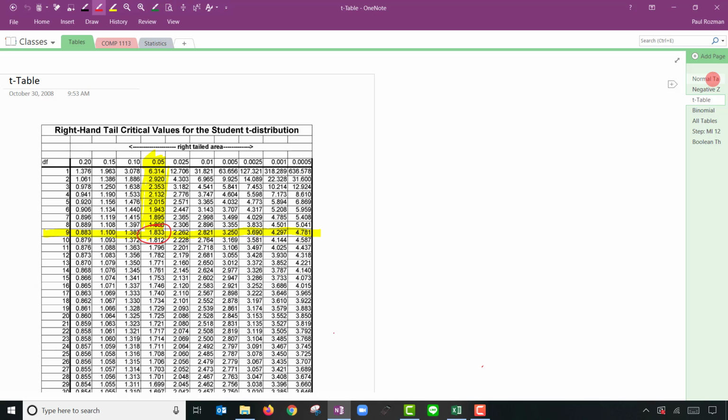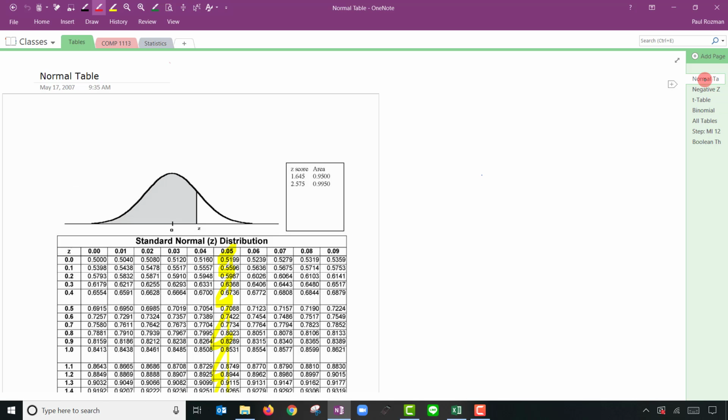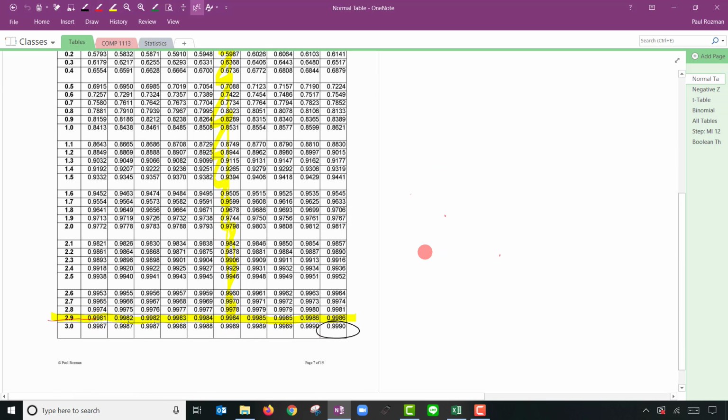Off to our Z table. And our table only goes up to 3.09, and this area is 0.9990. That's the area to the left, remember. So the area up here is 0.0010.